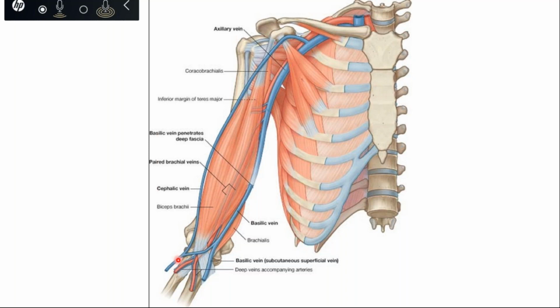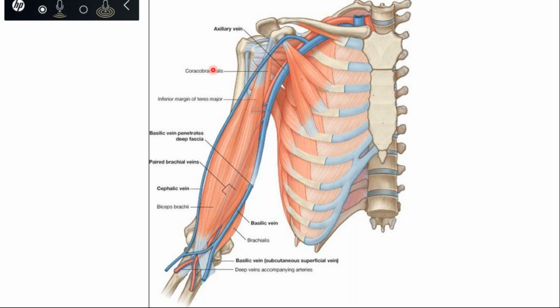Then what happens? This cephalic vein goes lateral. This is a muscle, the biceps muscle, so it goes lateral to the biceps muscle, and then it goes near the shoulder joint. In the shoulder, it goes between the muscles.